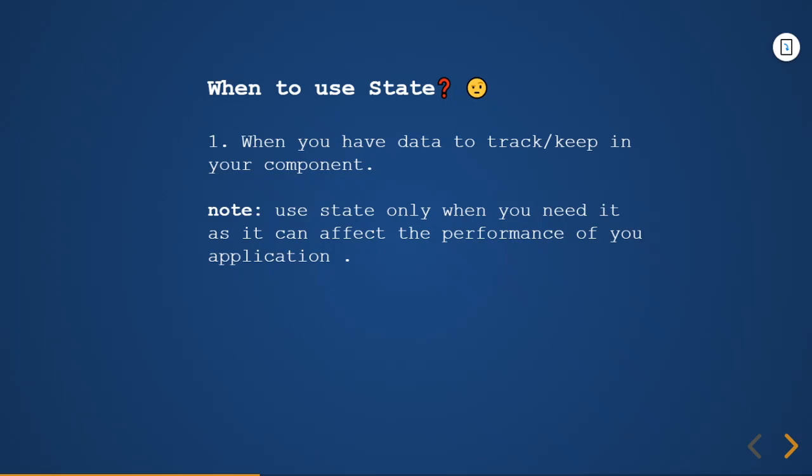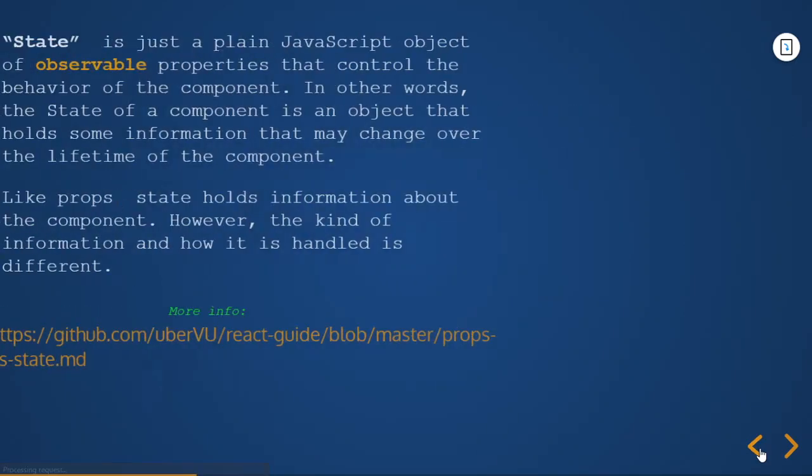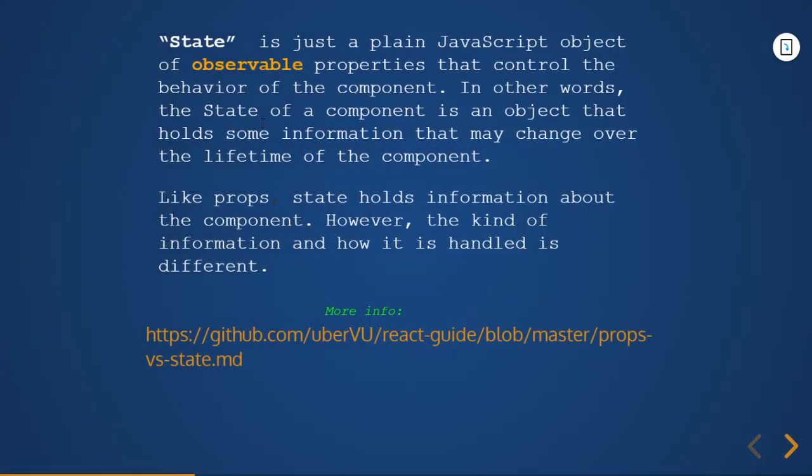When it comes to React, when you put too many state values, it can get a bit overwhelming, and the application has to track all the different states, because we have said that our definition of state is observable properties that control the behavior of the component.